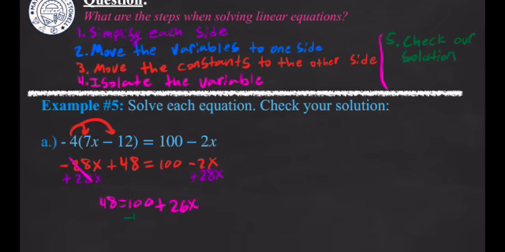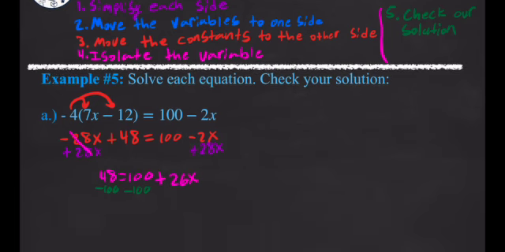So we need to minus by 100. So this would be 26x on this side. And 48 minus 100 is going to give us 52. In fact, it's a negative 52, right? 100 is a bigger number in general, but it's negative, so it makes it farther negative, so that means that's going to end up to be a negative in the end. So we have negative 52 equals 26x.